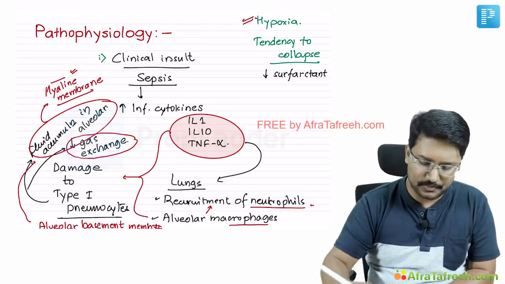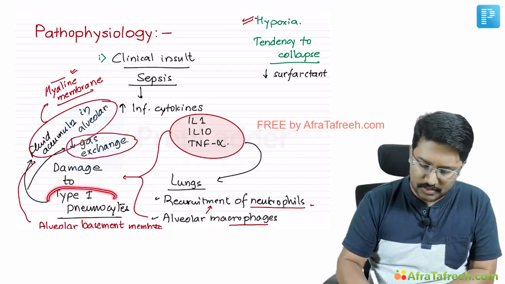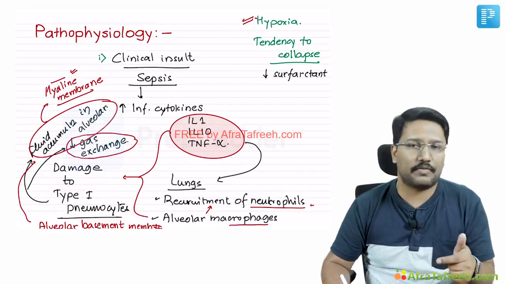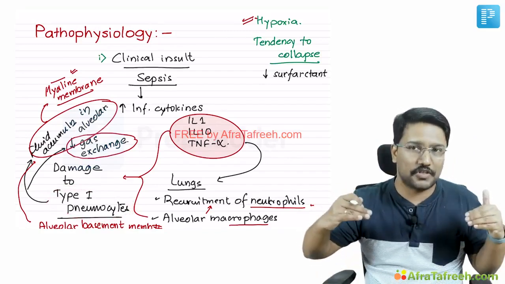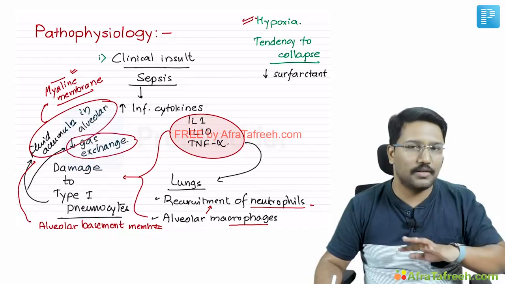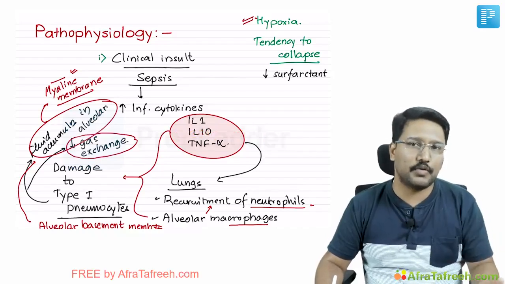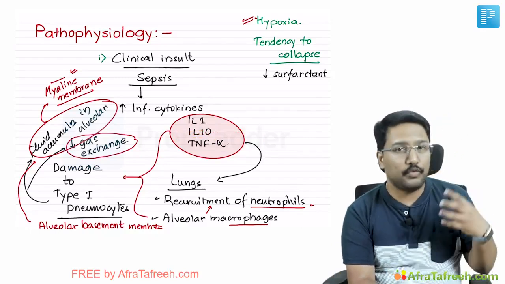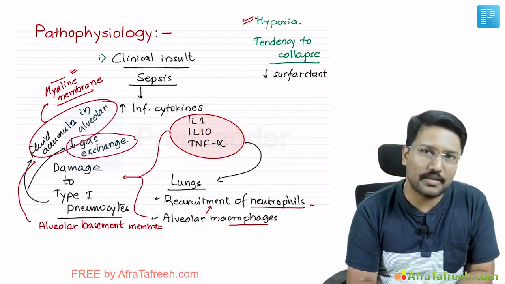There are important reasons. So the type 1 pneumocytes are the stimulants for the type 2 cells to produce surfactant. When the type 1 pneumocytes are stretched, they produce certain local mediators which tell the type 2 cells to produce surfactant. So when the type 1 cells are damaged, the type 2 cells' ability to produce surfactant gets reduced.